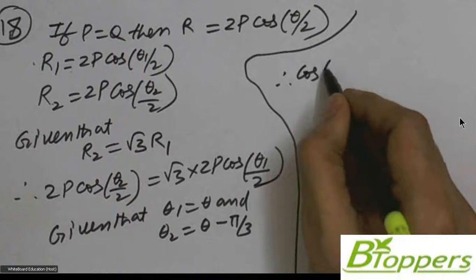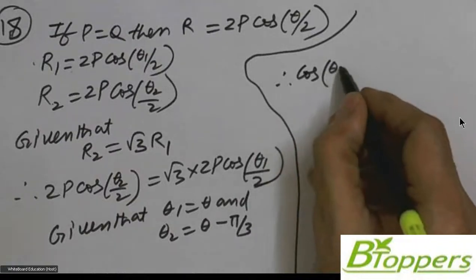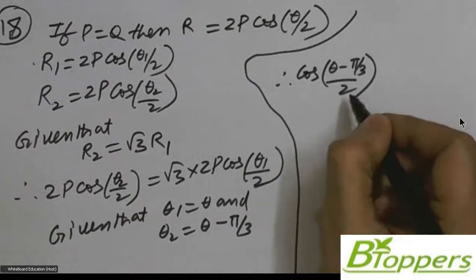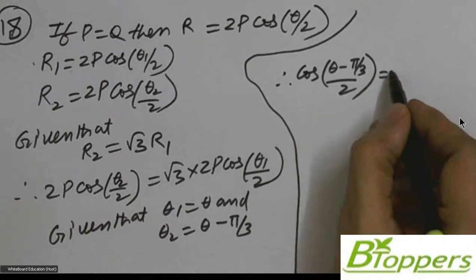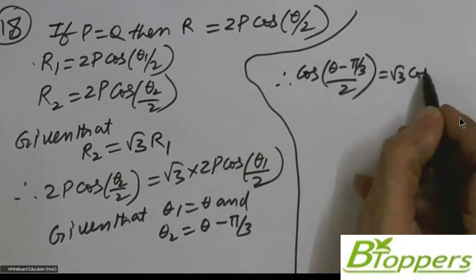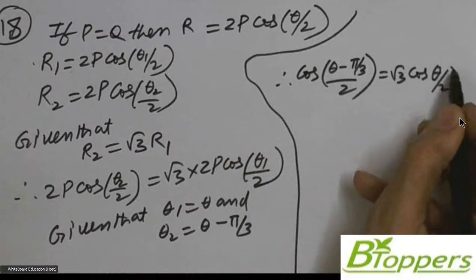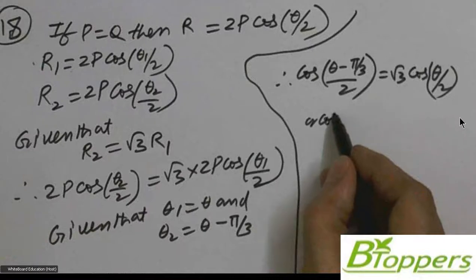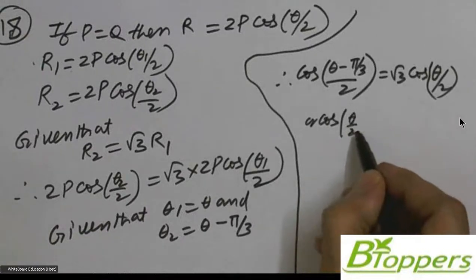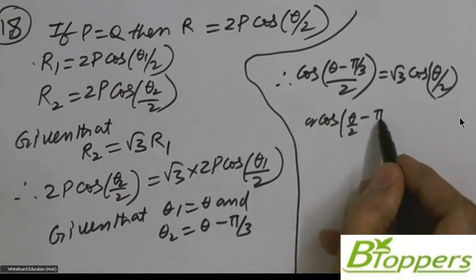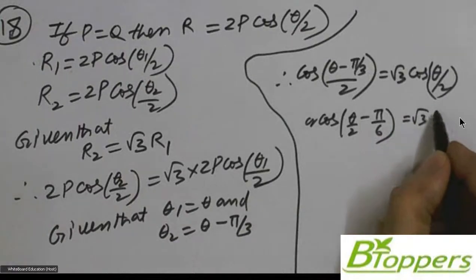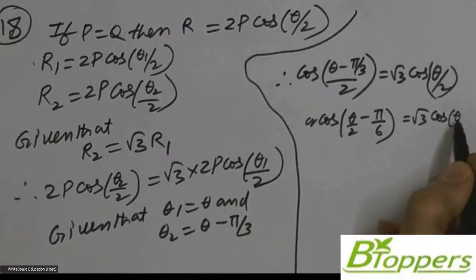Therefore, cos of theta minus pi by 3 divided by 2, you get root 3 times cos theta by 2. This you can write cos of theta by 2 minus pi by 6 equal root 3 times cos theta by 2.